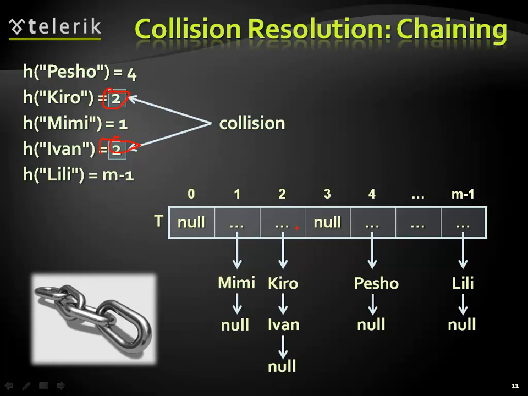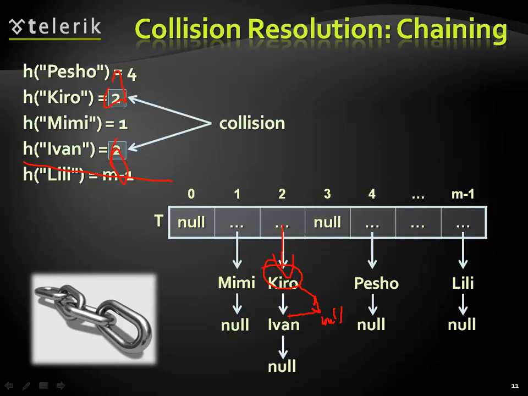What do we do? Well, we put them in a list again. And we chain them one after another. The first one that got mapped is Kiro, so he goes here. And after that we have null. Then we said Ivan goes at the same place. Then what are we going to do? Well, Kiro is no longer followed by null. It is now followed by Ivan.